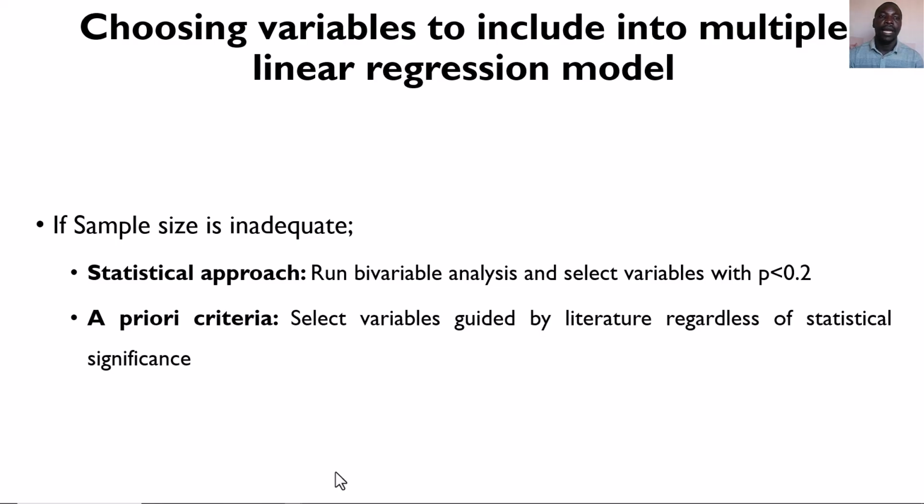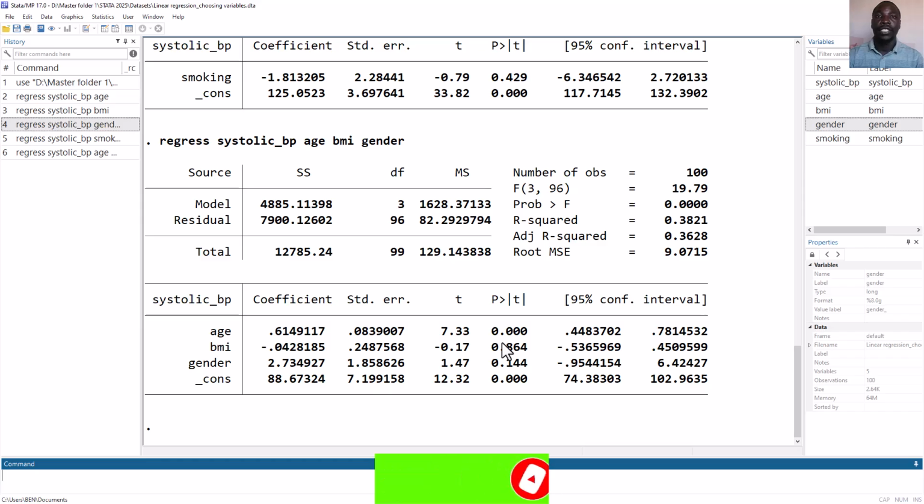But we also have the a priori criteria, where you select variables guided by literature regardless of the statistical significance. This approach is also referred to as the logical model building. You don't allow the statistical software to dictate for you what variables you should have in your research. So if in my literature review, I know that smoking status really affects systolic blood pressure, that is well known everywhere.